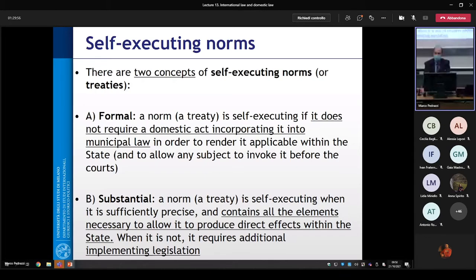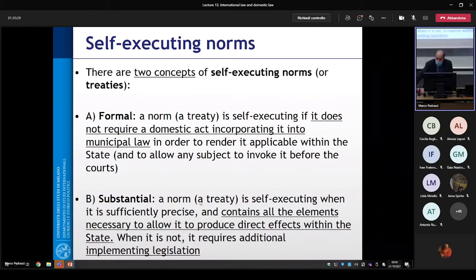They are directly applicable, but this is the formal concept of self-executing rule. This does not mean that a single regulation will necessarily be self-executing in the sense that it contains all the elements that allow it to produce legal effects. Sometimes you need further implementing acts to allow even internal provisions to produce legal effects.